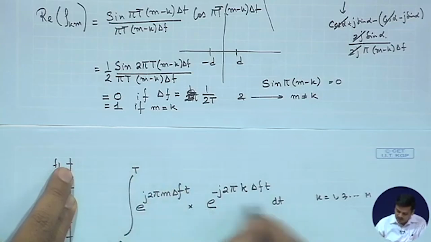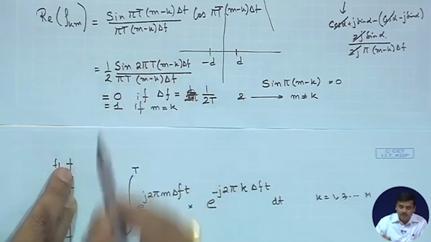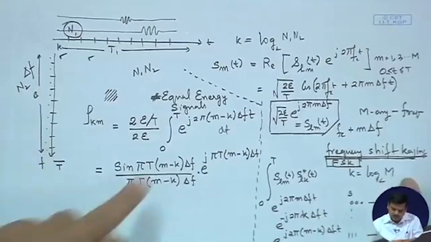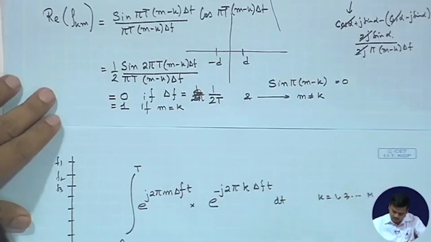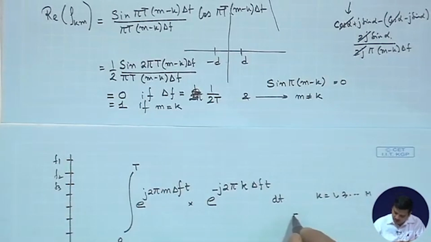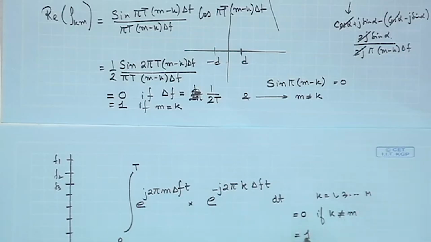This result is what we have actually obtained by doing the correlation. That is why we started the correlation, and this is the outcome of the correlation. So, this would be equal to 0 if k is not equal to m, and this would be equal to 1 if k is equal to m.